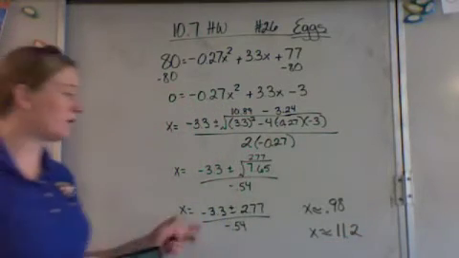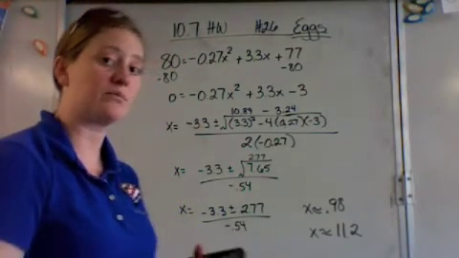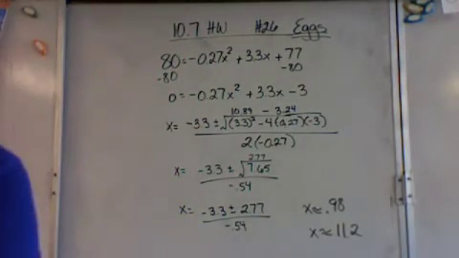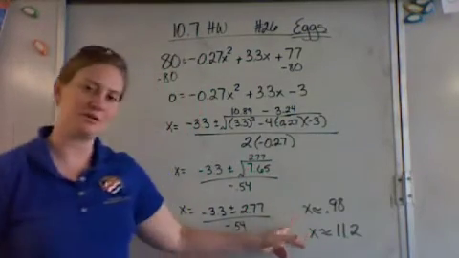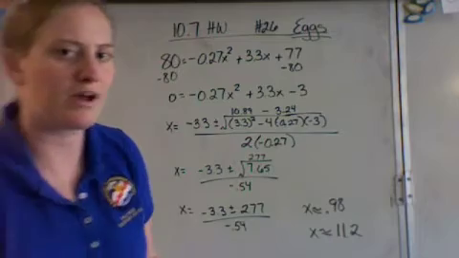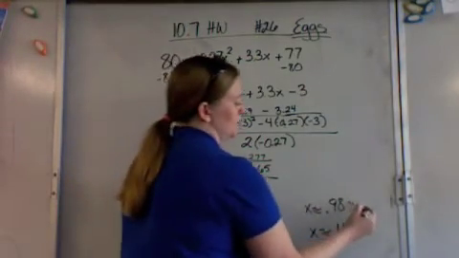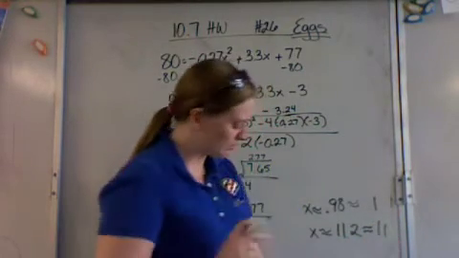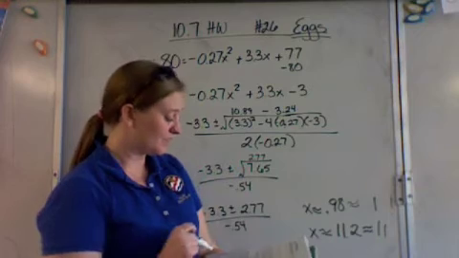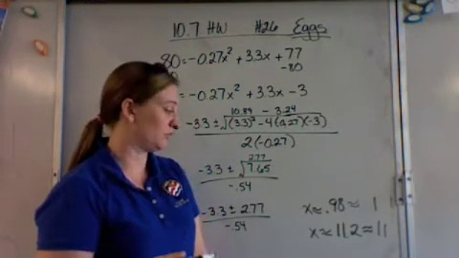Okay, so we have two possible answers here for our x value, which means two possible answers for the number of years since 1997. I'm going to round them first of all, and then think about how likely each of these is to be an answer to our problem. Well, this one is about 1, and this one is about 11. Looking back at the problem, the date range they give us is from 1997 to 2003.